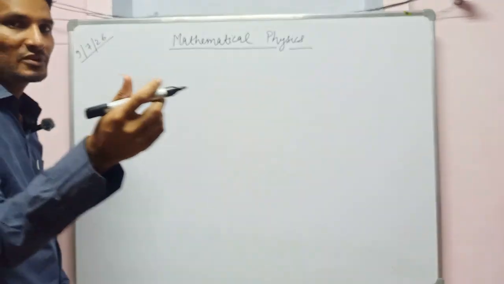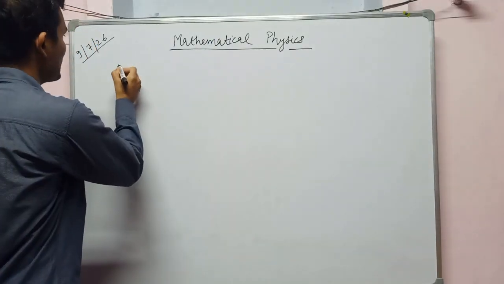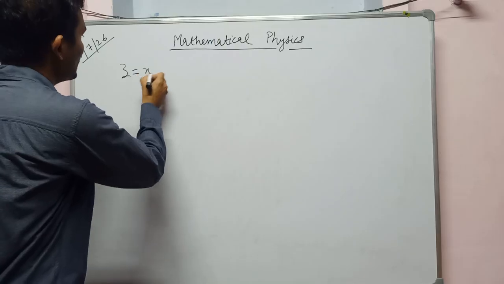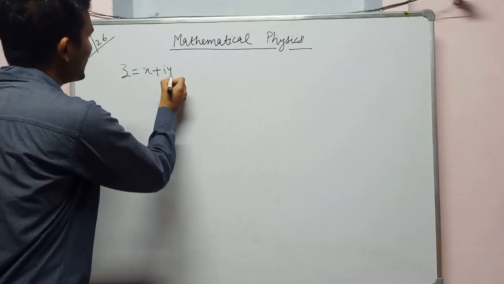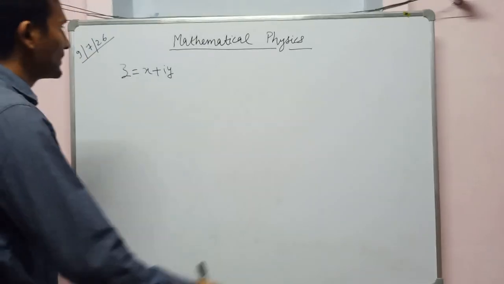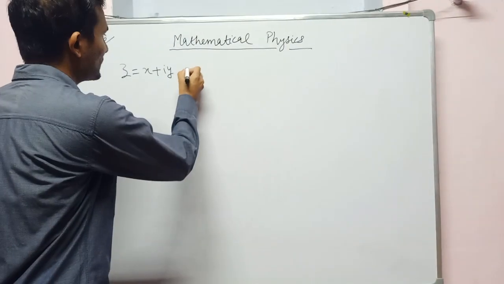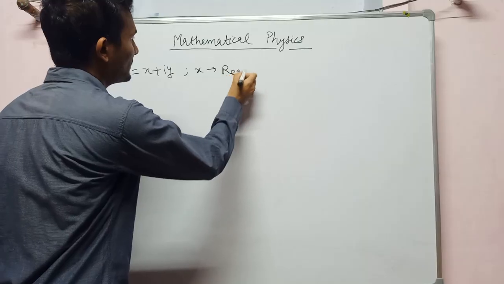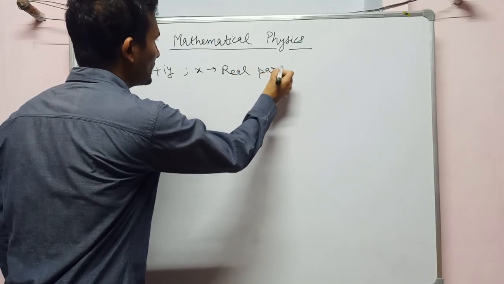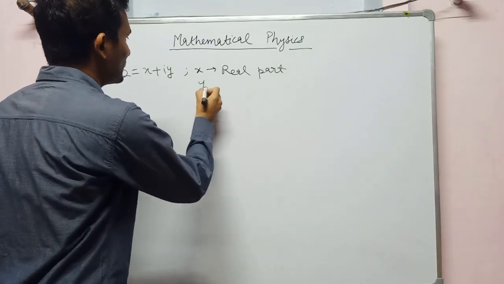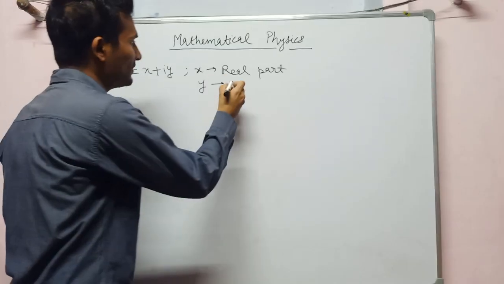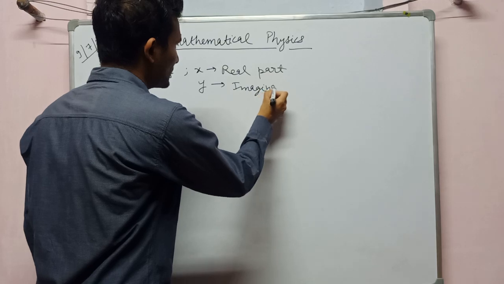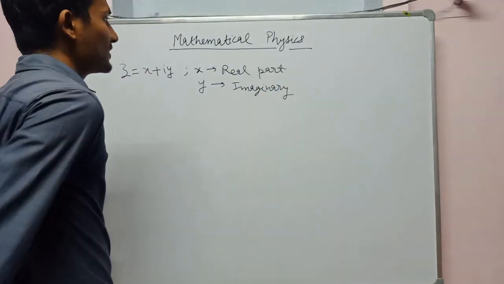Let me call a number which is represented as Z. If you remember, it consists of two parts, x and y, where x is the real part and the second one is y, which is the imaginary part.